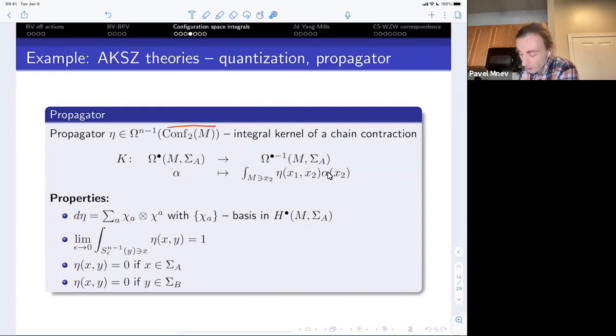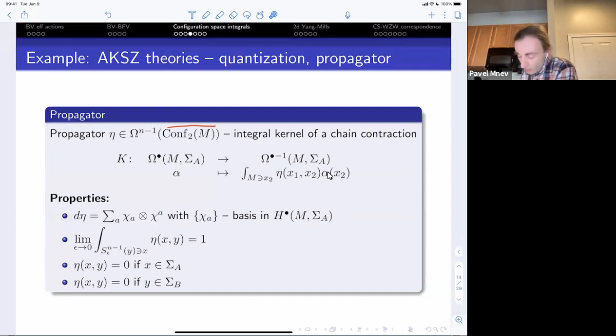So you can write it in terms of some chosen basis in relative cohomology. The other property is that if you fix one leg of the propagator and you integrate the other leg over a tiny sphere around the fixed leg, then you get 1 in the limit of the sphere getting very small.